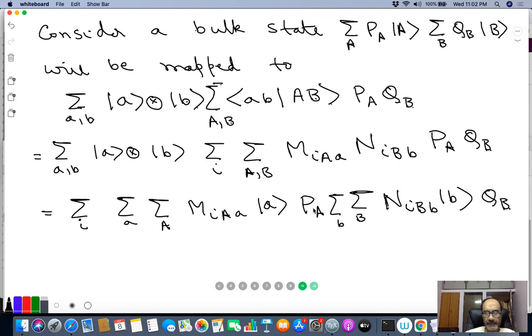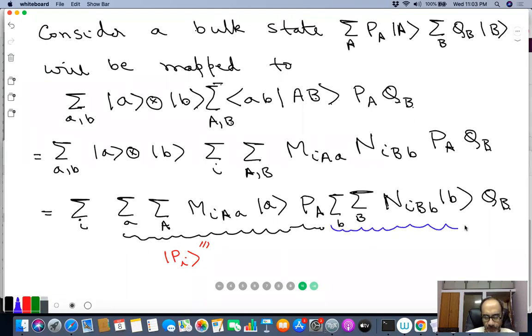The same sum I have just rearranged. But now you see that these two factorize for a given I. This one I define as P_i, up to this point, and this one I define as Q_i.